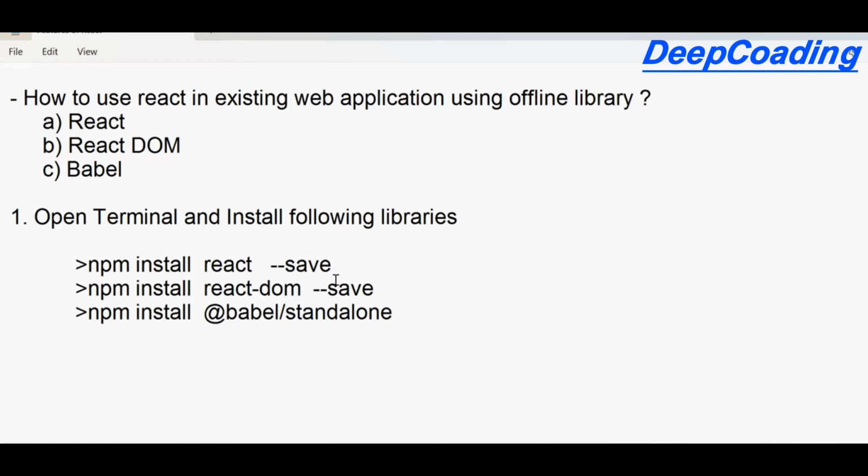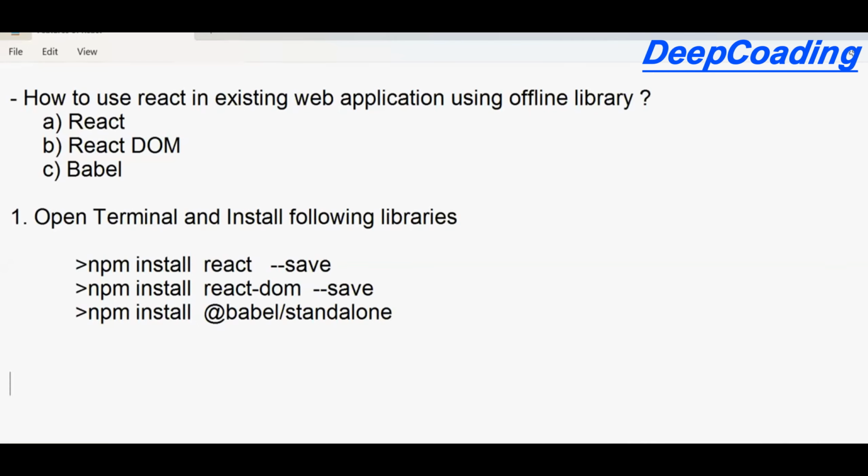That is the concept we are looking at. Without CDN links, you download the library by using these commands. To use initial React concepts, you need 3 libraries: React, React DOM, and Babel. React is the core library, DOM is for virtual DOM, and Babel is the compiler required for React.